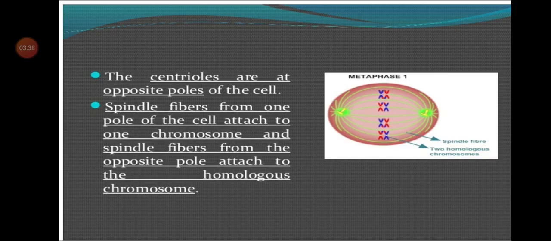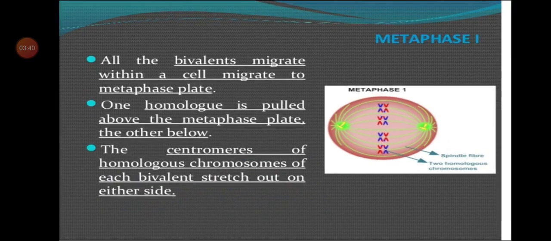It is very simple. I will again explain this metaphase in short. The spindle fibers become well developed here in metaphase 1. The tetrads move towards the equator. You can see here the tetrads are all situated at the equator. Metaphase means middle. All the chromosomes are coming in the middle, that is at the equatorial plane.